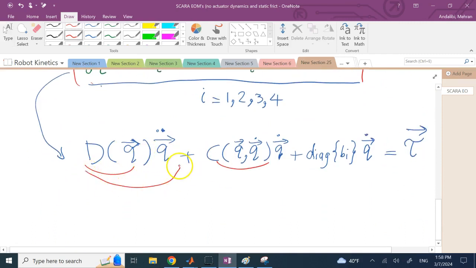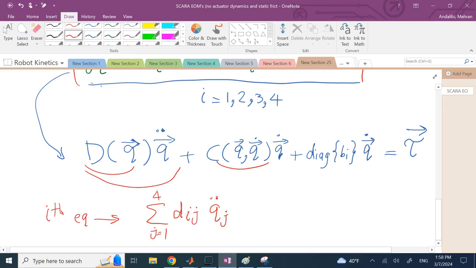Because if you expand this, for the ith equation, what is it going to be? This one is going to be summation of Dij, summation j goes from 1 to n, in this case 1 to 4, of Qj double dot.